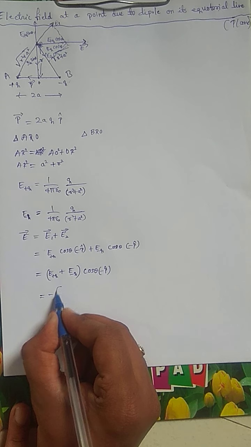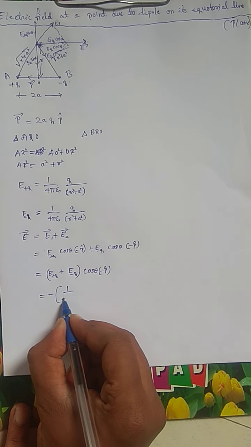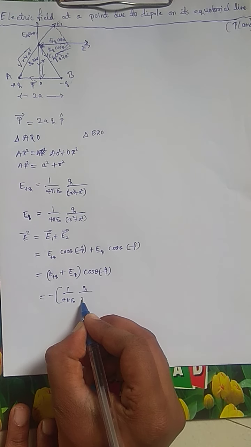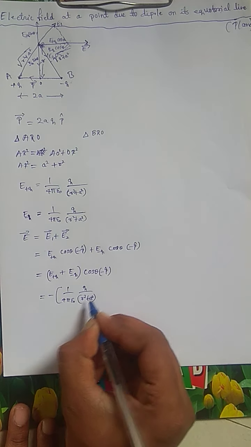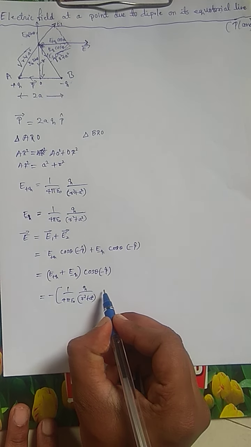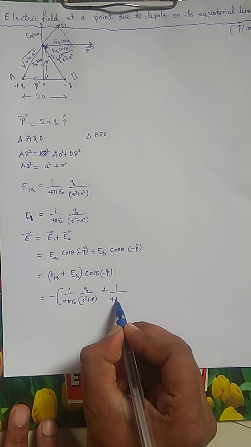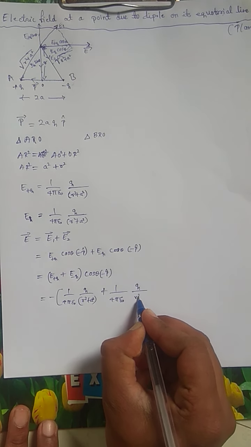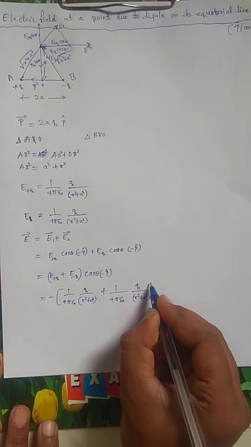So if I write that, I'll take outside minus sign, 1 divided by 4 pi epsilon naught Q by R square plus A square. This is the magnitude of electric field of a plus Q charge, and plus 1 divided by 4 pi epsilon naught Q divided by R square plus A square.